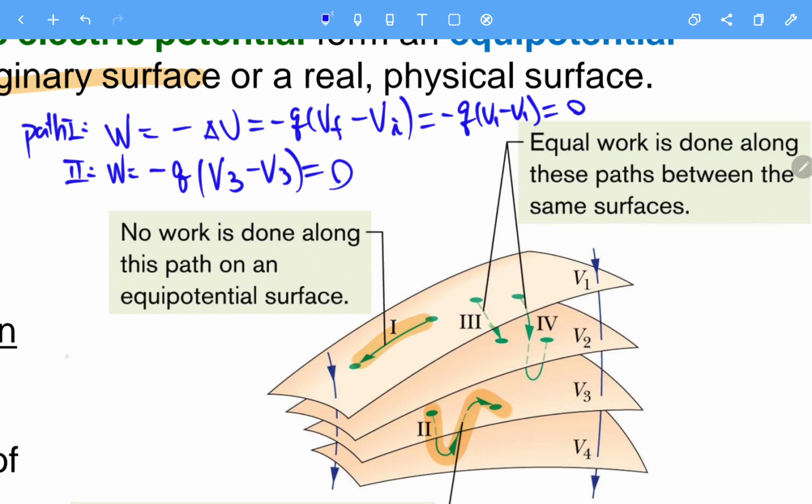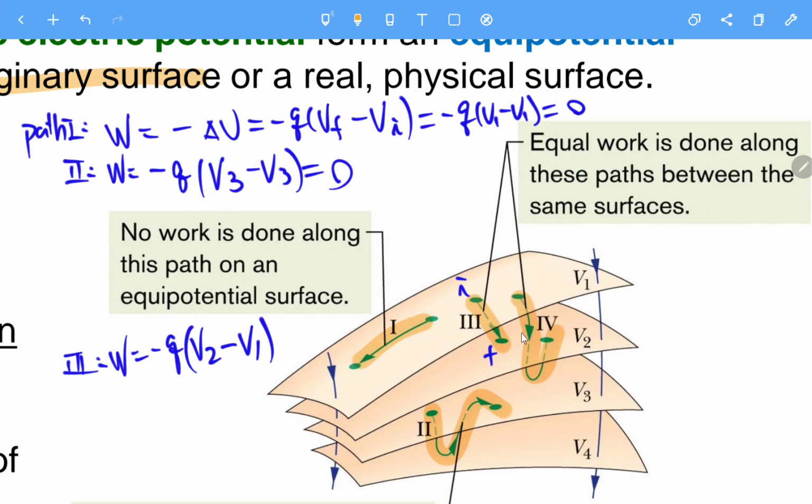And then for path 3, this is not 0 anymore. W will be negative Q times Vf minus Vi. From here to there, this is final, this is initial, so it is negative Q times V2 minus V1. For path 4, it does not go directly from V1 to V2.